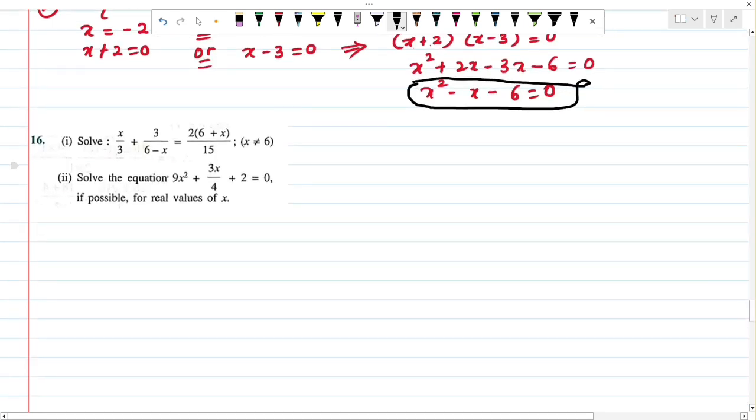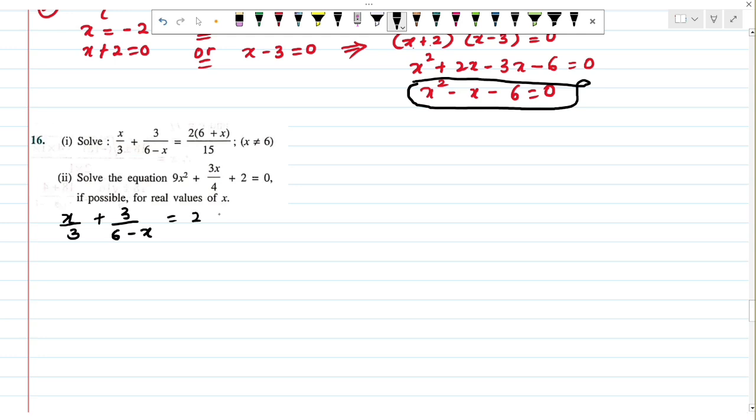So in the 16th question, what they have given is: solve x divided by 3 plus 3 divided by (6 minus x). First we will write the equation: x/3 + 3/(6 - x) = 2(6 + x)/15, where they have given the condition x is not equal to 6.